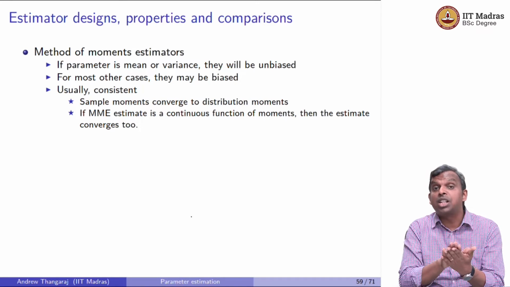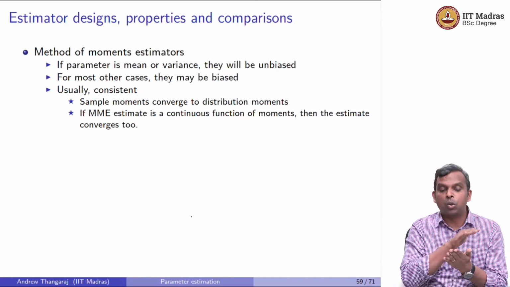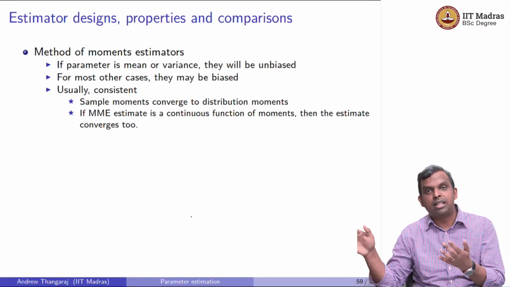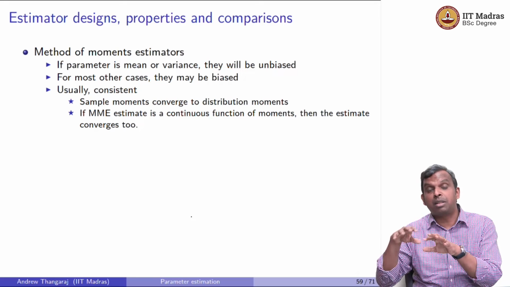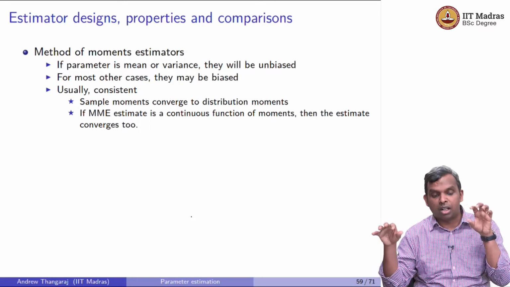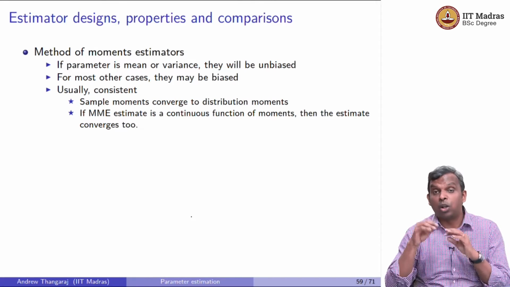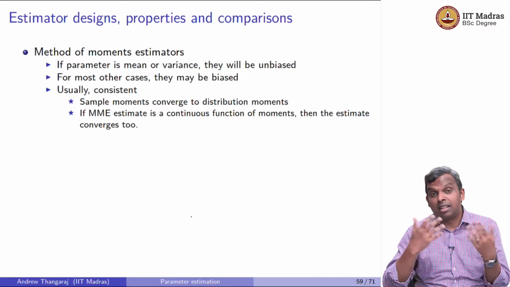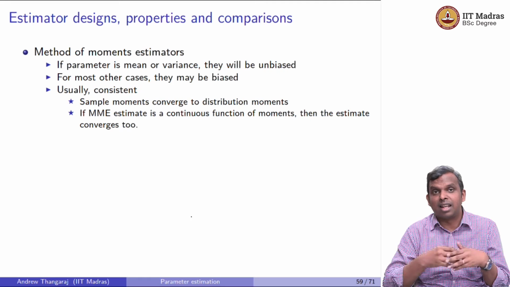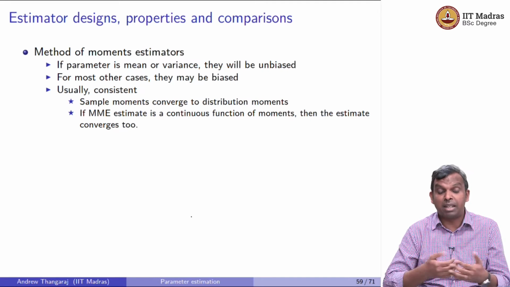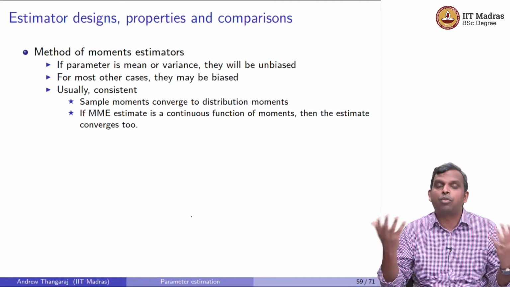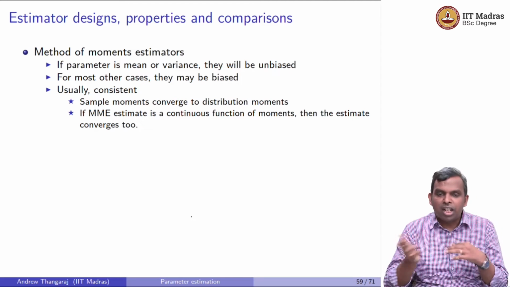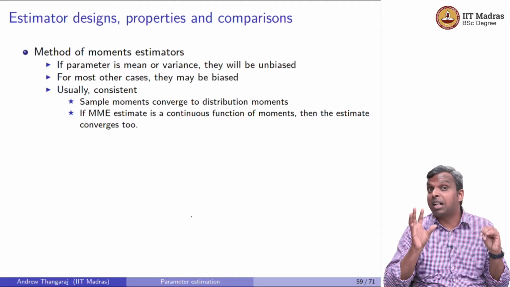Now, if that function of sample moments is a good, smooth, continuous function, then just because the sample moments converge to distribution moments, your MME estimate will also converge to the expected quantity, and the error will go to 0. So they end up being consistent. You can show consistency for the method of moments estimate if your function ends up being continuous. That function being continuous is critical.